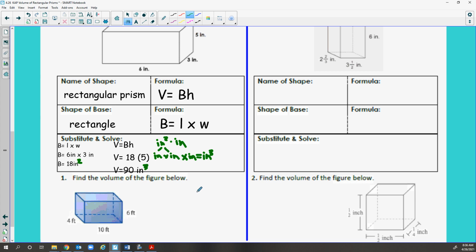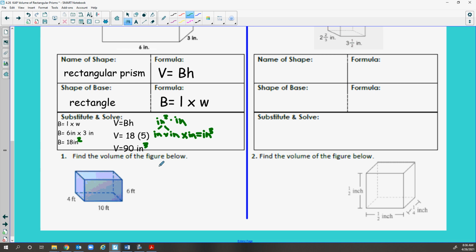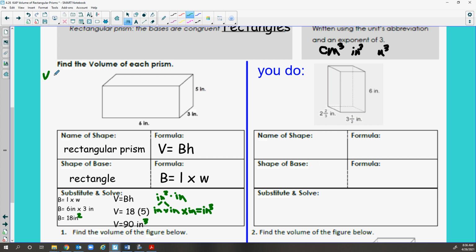I want to show you one more way to solve this. If you use this alternative equation, you can knock it out in one step. If we do volume equals length times width times height, and remember, always write that formula down, it's very important, then 6 times 3 times 5 gives me 18 times 5, like we did before, and I'll end up with a volume that equals 90.